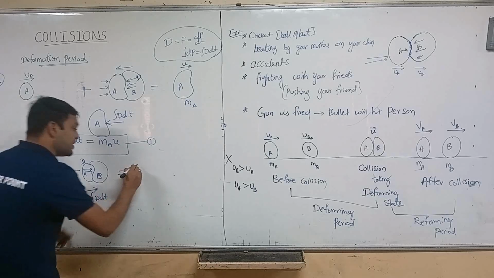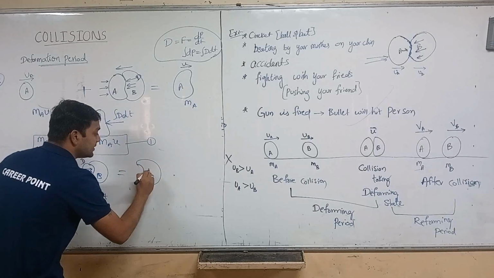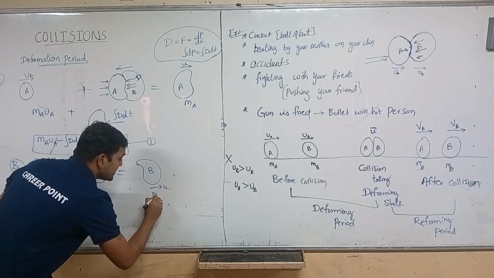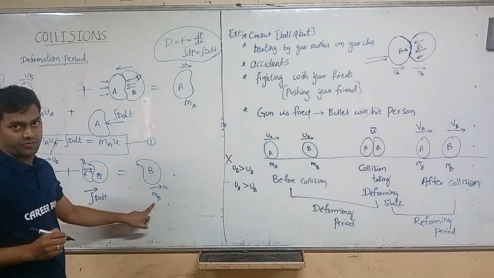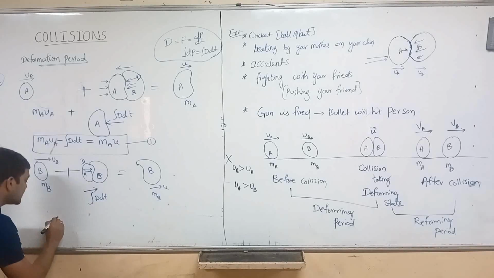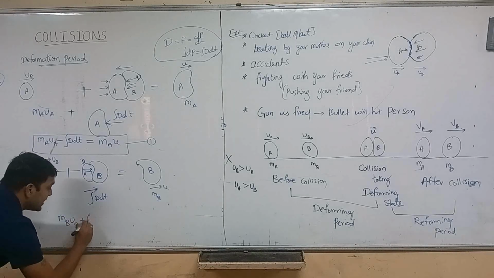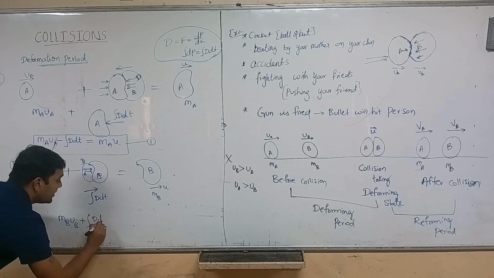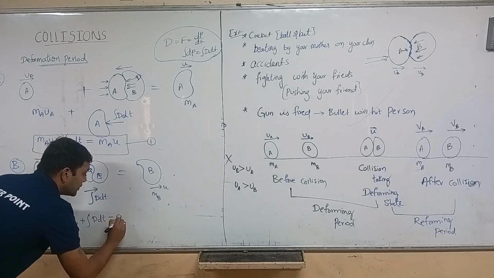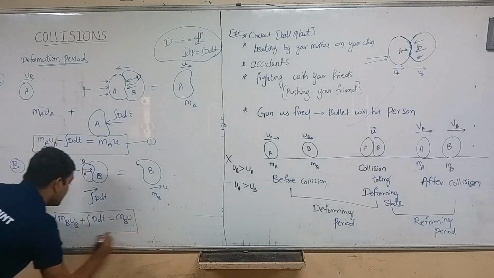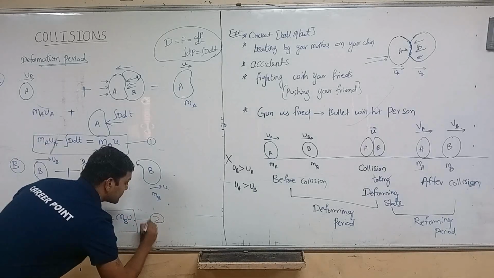The resultant of B will be like this: B is moving with u, and this is MB, the mass of B. So the equation will be MB UB plus the integration of F dt gives MB u. So this is my equation 2.